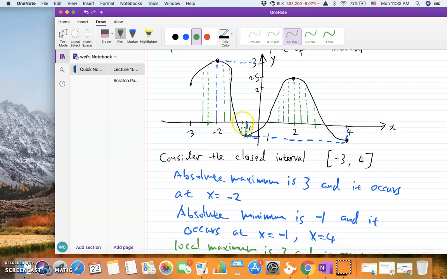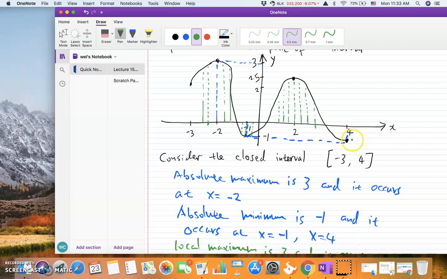x equals -1. Now, some students are confused about these two points. They ask why this point is not a local minimum. The reason this point is not a local minimum is because we are not sure if this function value is the smaller. Why?